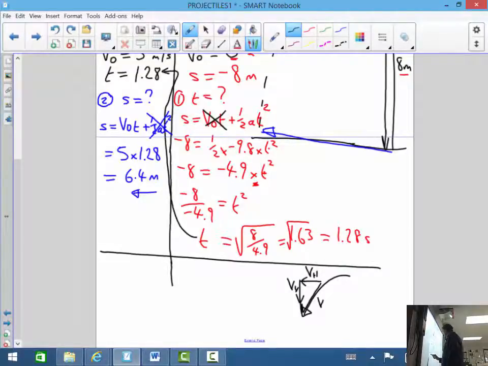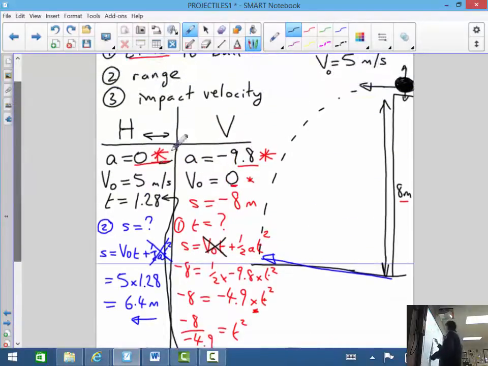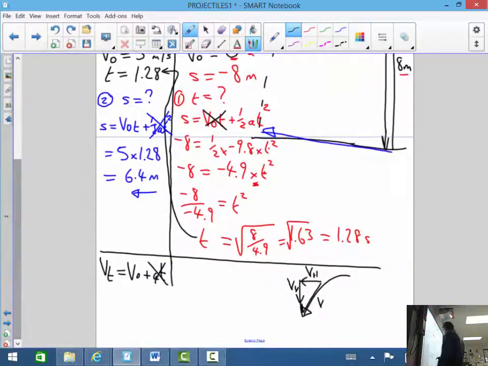Now fortunately, horizontally, if you check it out here, Vt would equal VO plus At, trying to find the velocity here at a time t seconds later. But in the horizontal direction, A is 0, so that whole thing will disappear. The A is 0 here. So that can disappear. Which means it just stays the same as before, 5 metres a second still going sideways. So that has not changed.